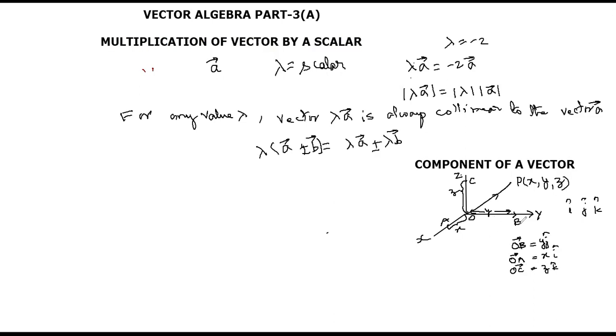These are the components along the x, y, and z axes. Generally, the position vector of any point we denote by vector r. So OP is the vector r, and in terms of resolution of components, it can be written as xi plus yj plus zk. This is called the resolution of components.